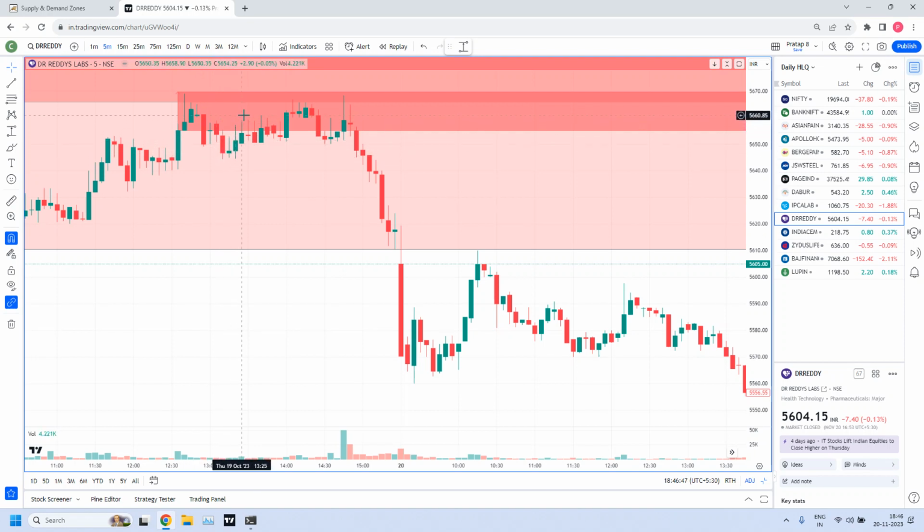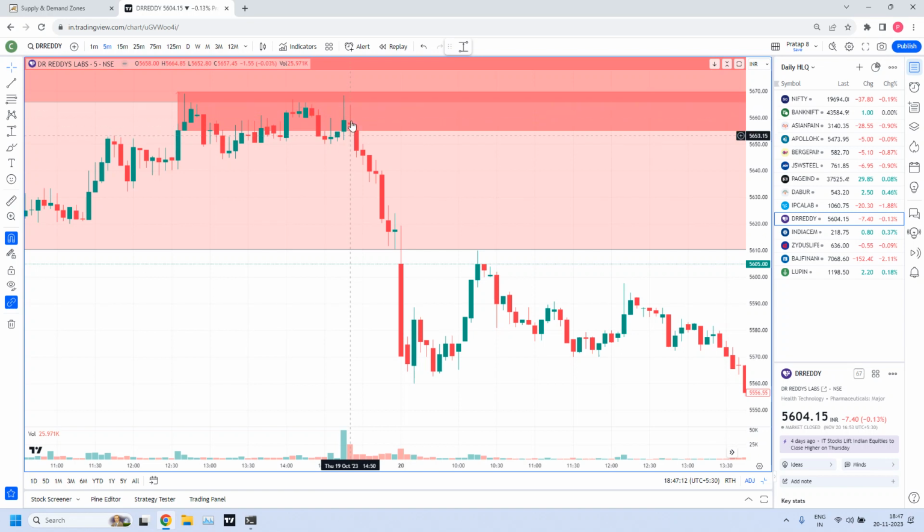But see the rejections here. Not only the rejections, the point I want you to observe is that within the 5 minutes, new 5-minute zones keep on creating. So you have a rally candle, you have 4 base candles, again you have a drop candle. Again you have an ERC candle, this is an ERC candle, a legging candle.